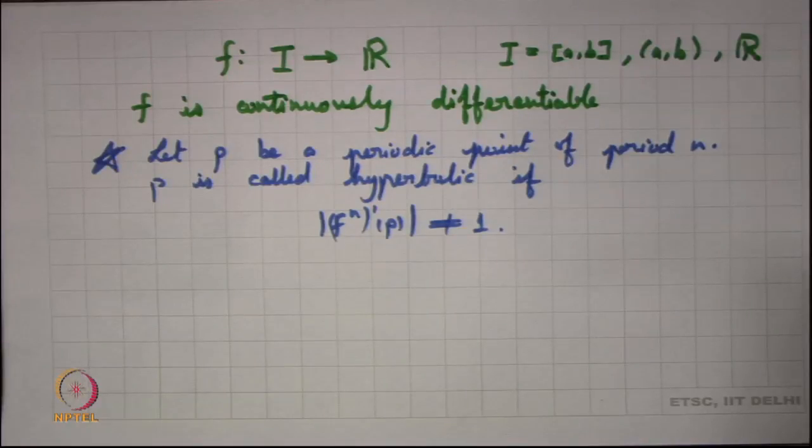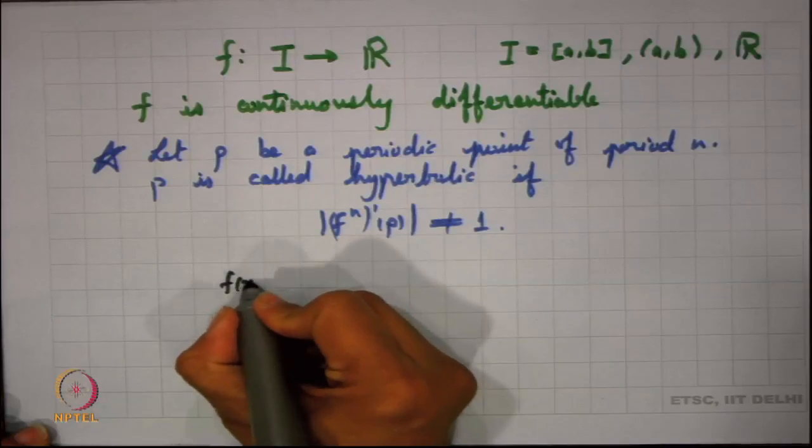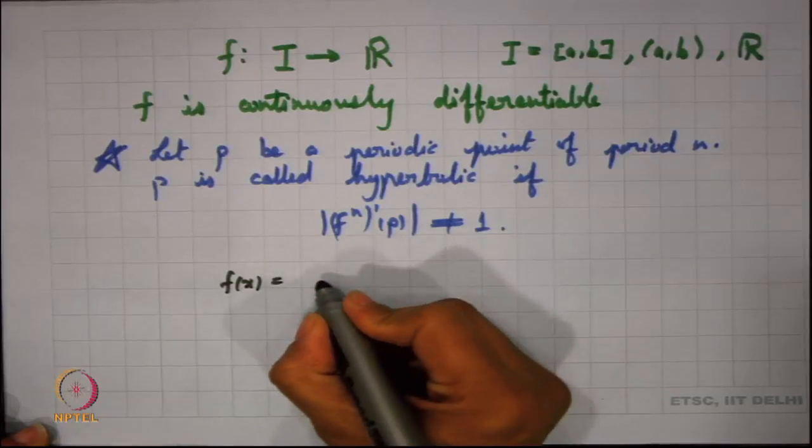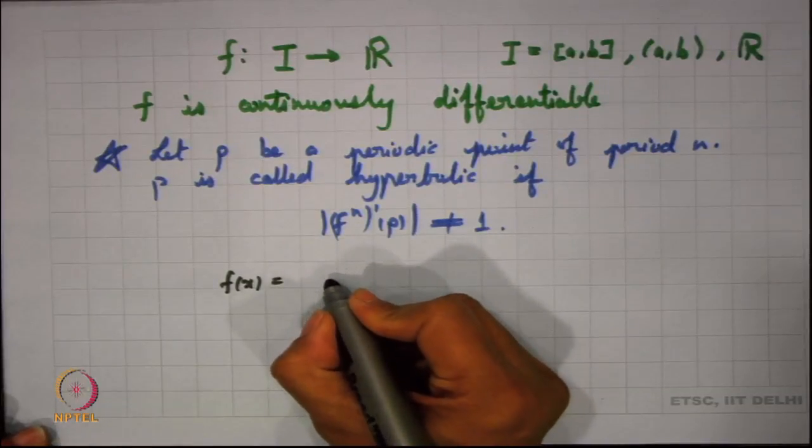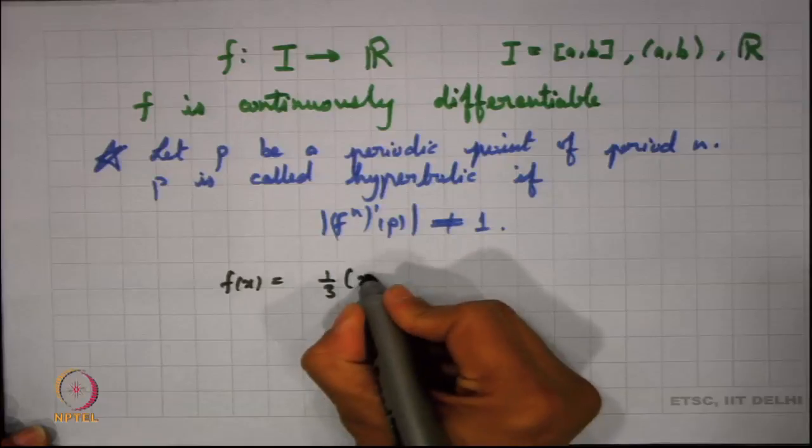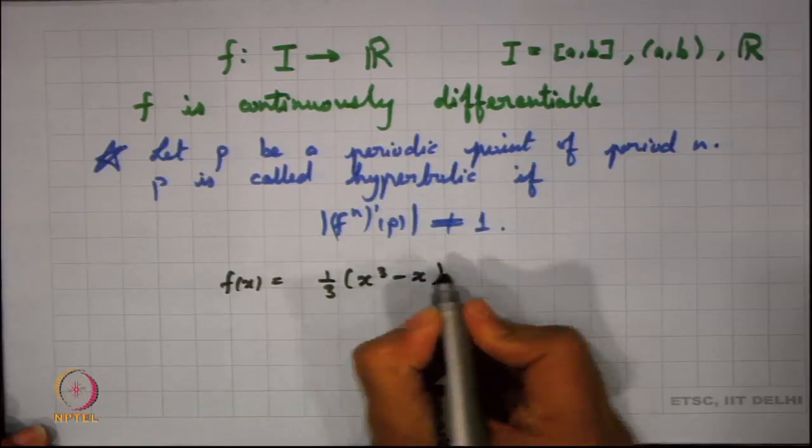So, let us look into an example here. Let my f(x) be equal to 1/3 times (x^3 - x).